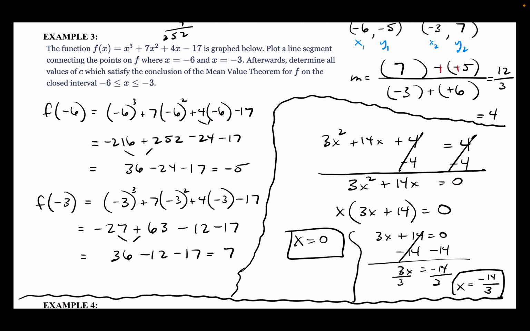And D is mean value theorem does not apply. Because I've seen this. This is what they'll do. I got my answer. Which one's correct? B. Because. A. I mean C. Sorry. C. Okay.